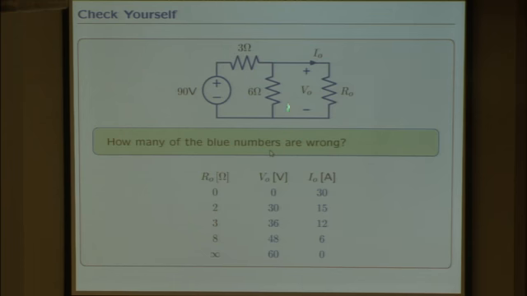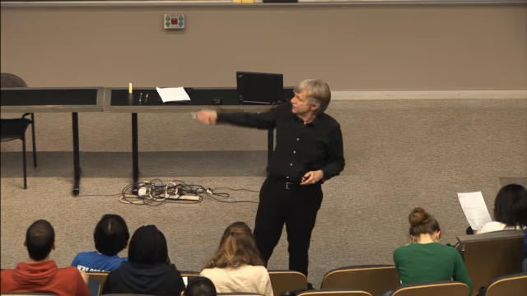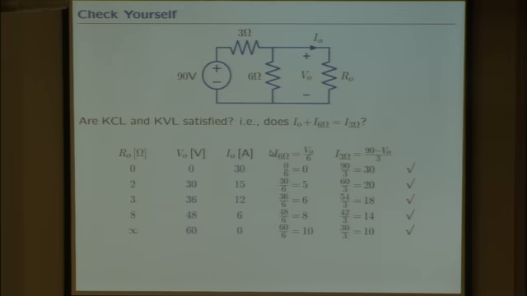So then you'd have to compute the current through here and the current through there and see if those currents sum to 0. And in fact, if you do those calculations, you can convince yourself that those are all true. So the answer was 0, although those answers were true.